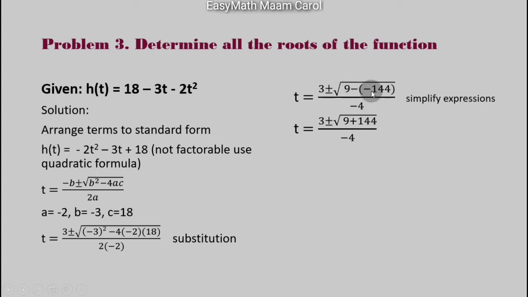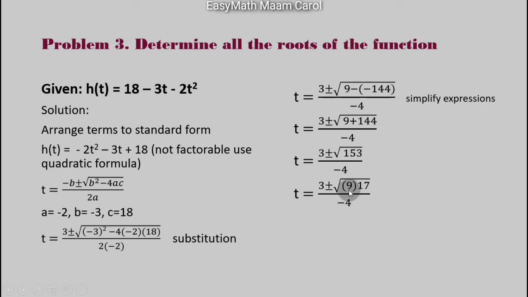So, make it plus and get the additive inverse of this. That is the simple thing we did. When we add, that's 153. But 153 is factorable, so you might say we're done, but not yet. 153 can be factored into 9 times 17.